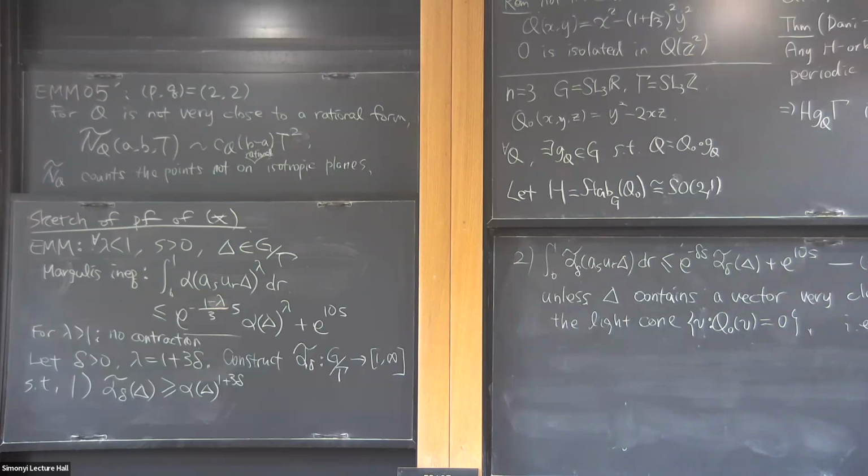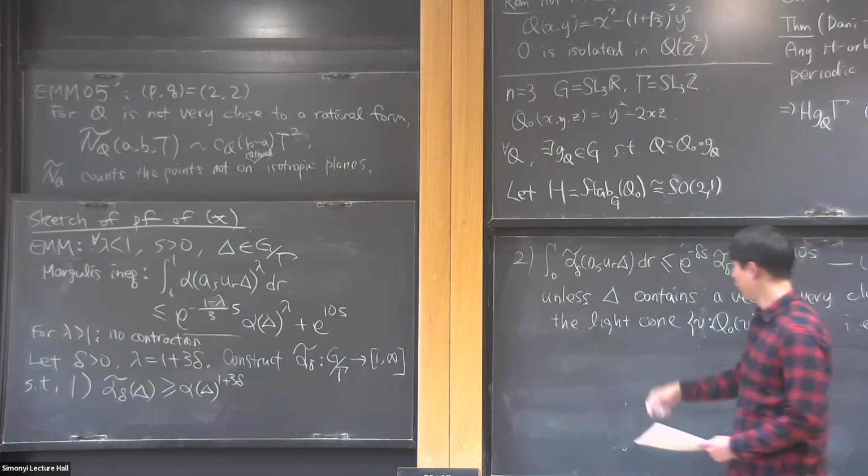And this exceptional set epsilon is of a very small volume in G mod gamma.